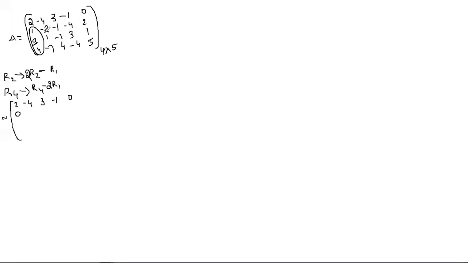Next, minus 2 into 2, minus 4 plus 4, this is also 0. Next, 2R2 is minus 2, minus 3, so minus 2 minus 3 is minus 5. Next, minus 4 plus 1.